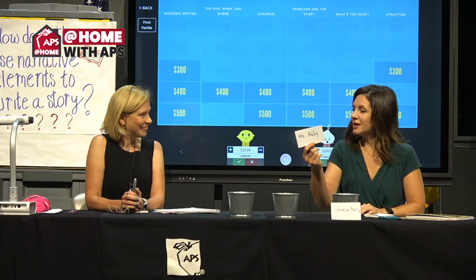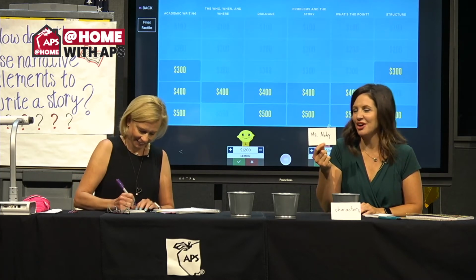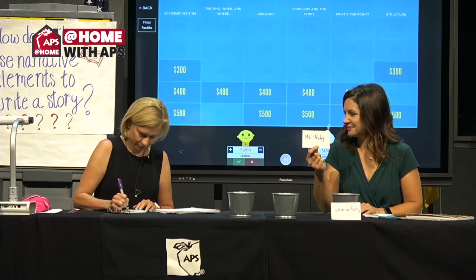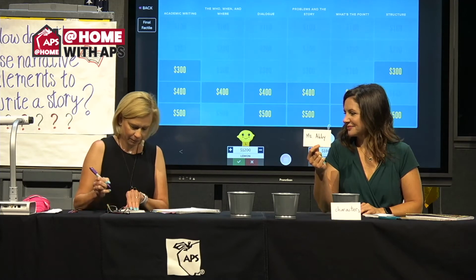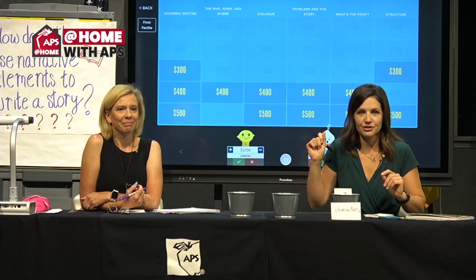So I'm going to write Miss Abby. I am a character. Mrs. Kraft, will you write your name on an index card as well? You betcha. Now, these are both characters that we can use in a story, so we will put them in characters.